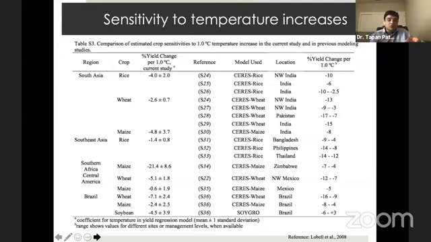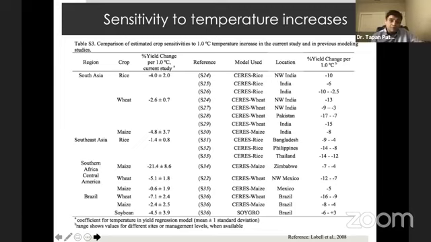This table compares some of those very highly used deterministic, mechanistic models such as CERES and SOYGRO, but they're also comparing with some of the statistical models too. In general, it's showing that the yield decline is anywhere from 2 to 10, to even 17 to 18%, depending on the region and depending on the model.